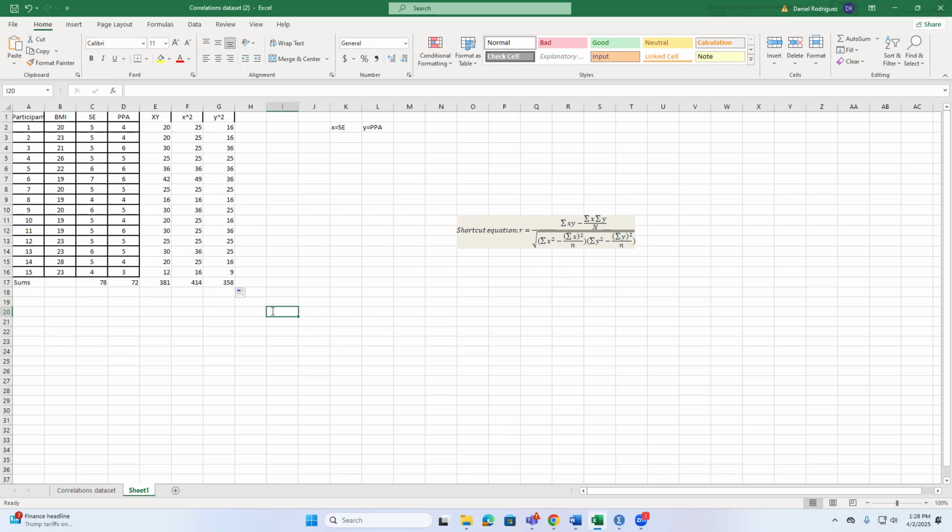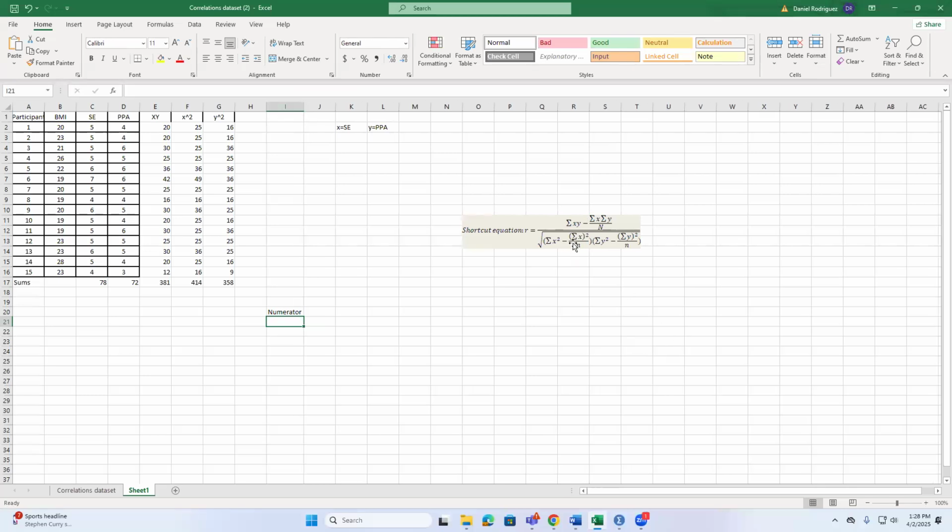I'm going to put the numerator, because I need to do this in steps, because there's a lot of pieces, like the denominator has 2 pieces. I'm going to do denominator 1, and then denominator 2 for the second piece, right? So this first sum of squares is my denominator 1, second is my denominator 2.